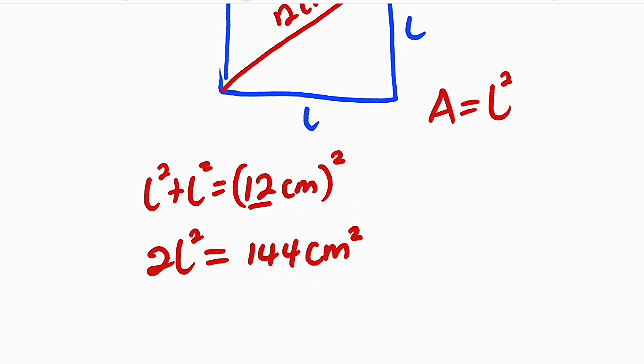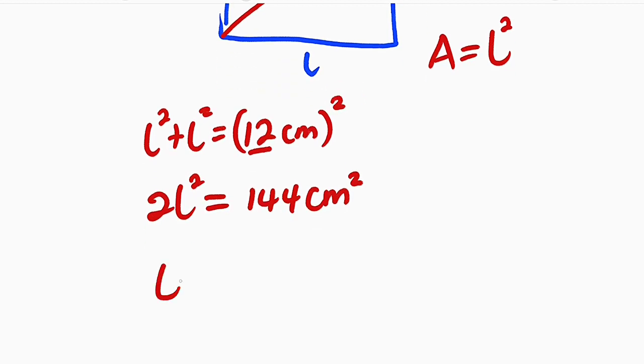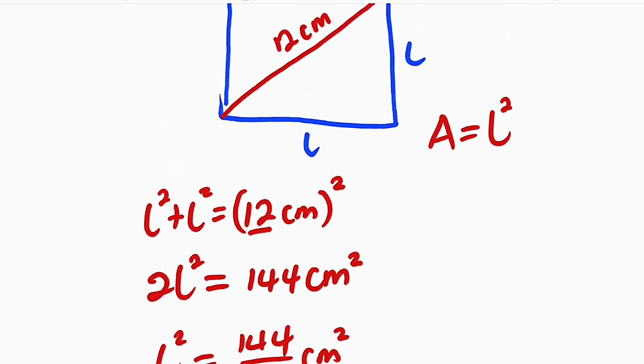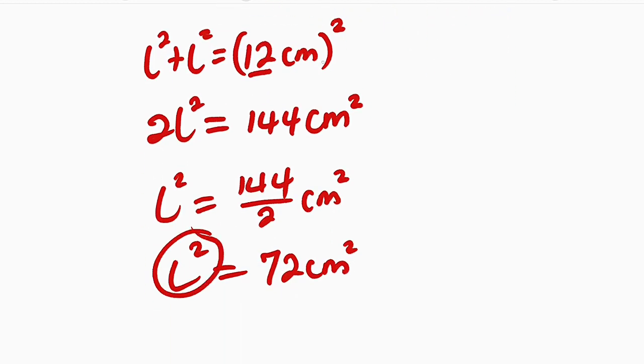So we divide both sides by 2. L squared is equal to 144 divided by 2 cm squared, and L squared is equal to 72 cm squared. But remember, we say that the area is L squared, and we have L squared here.